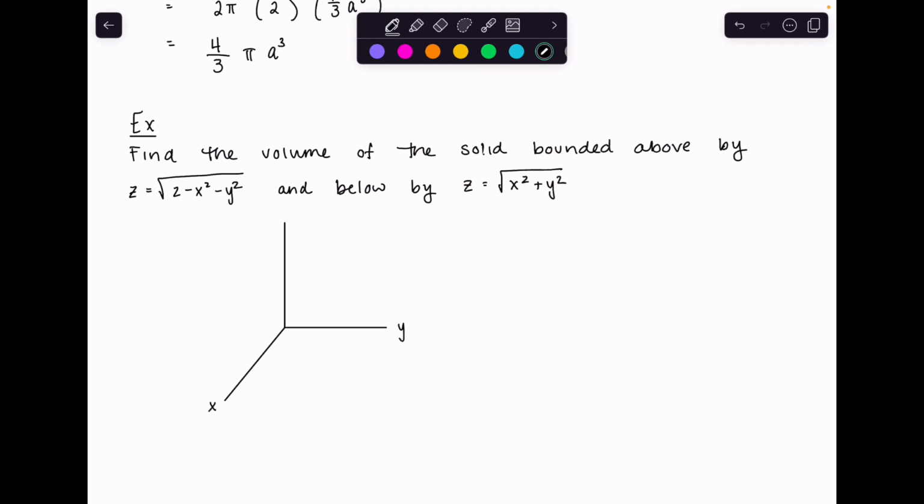So we've got x, y, and z. We've got our cone given by z equals x squared plus y squared under square root. We've got the sphere sitting on top of it, and it's that sphere of radius root 2.